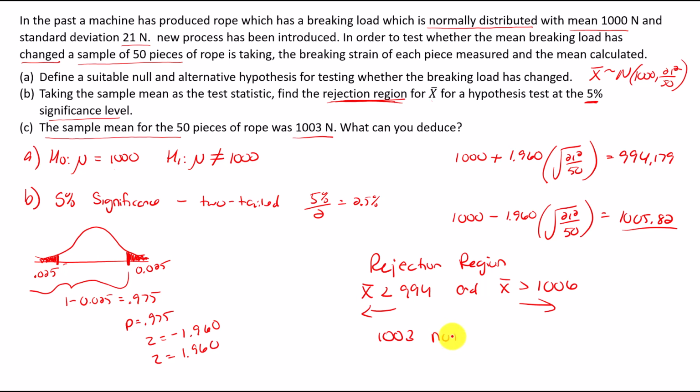So it's not in the rejection region. So we fail to reject the null hypothesis, and then we make a statement based on our context.